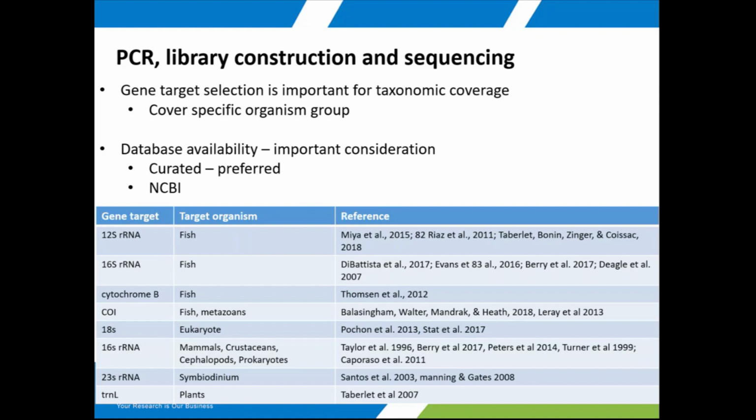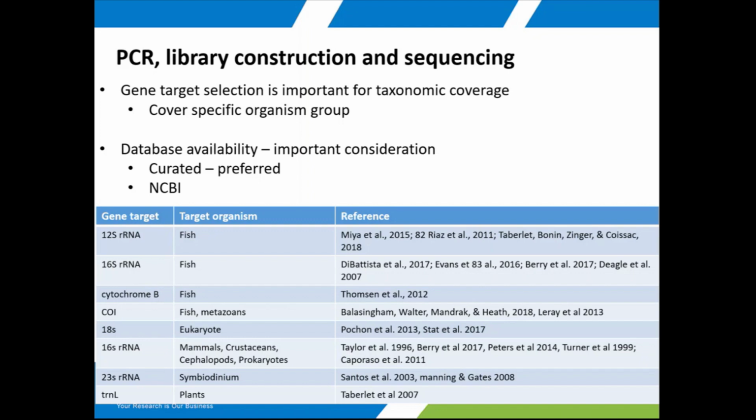For the NCBI database, I know some customers would like to match to NCBI, but NCBI, as you know, is not as accurate compared to the databases I mentioned earlier, because NCBI consists of a lot of organisms. When you match your COI, it can match to a non-target organism, and then your result might not be accurate. So I would not advise using the NCBI database to do the matching.